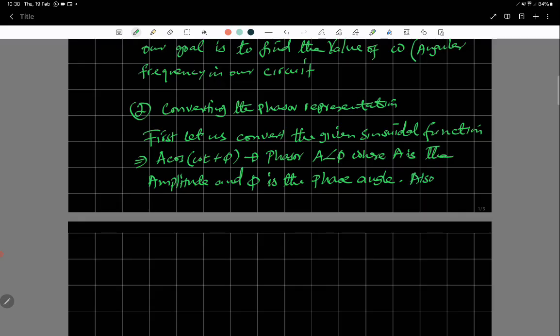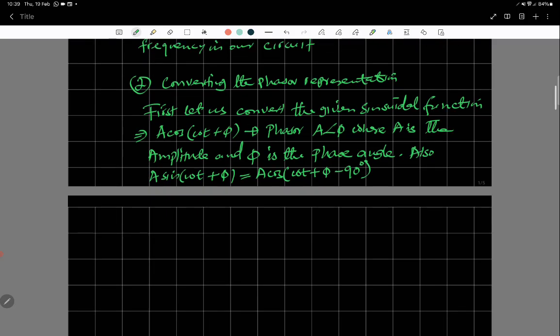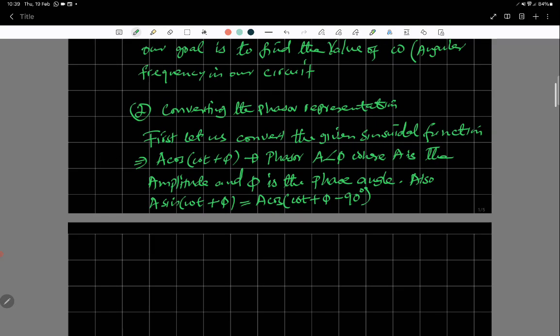Also, A sine is equivalent to A cos. We are seeing that here because, as I've said, in this AC circuit the voltage source lags the current source by 90 degrees.